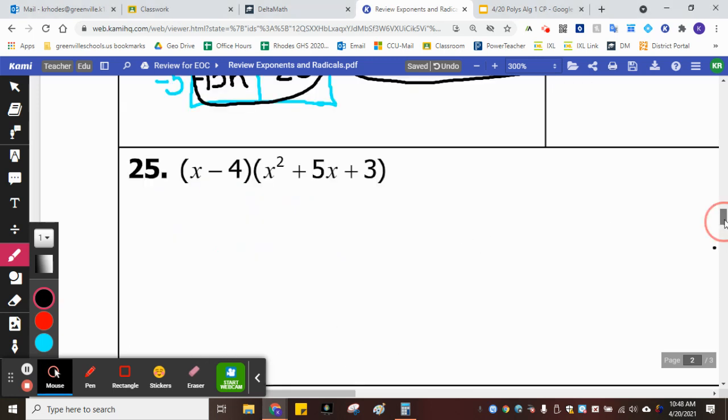All right, with 25, you have two terms here. X is 1, negative 4 is 1. And then you have three terms over here. 1, 2, 3. So we're going to have a 2 by 3. So going down, we'll have 2 boxes. Going over, we'll have 3 boxes.